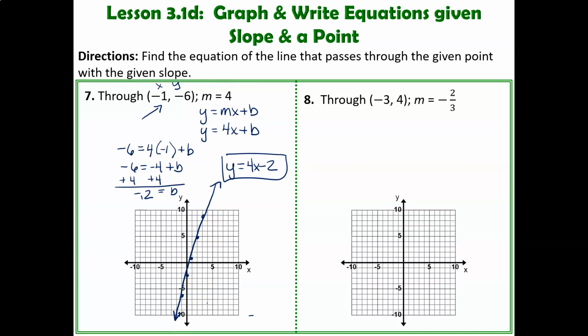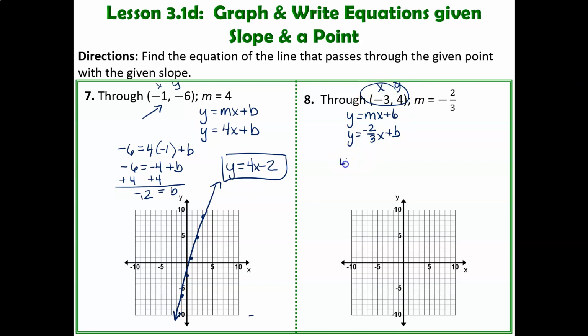Okay, so let's look at number 8. So here is what we're shooting for. We're given that piece, -2/3. Now we need the b in order to have a complete equation. So I'm going to use these coordinates. Remember, it's (x, y).